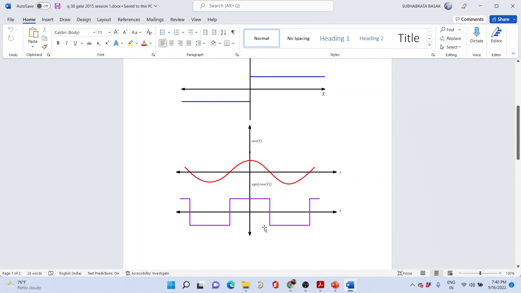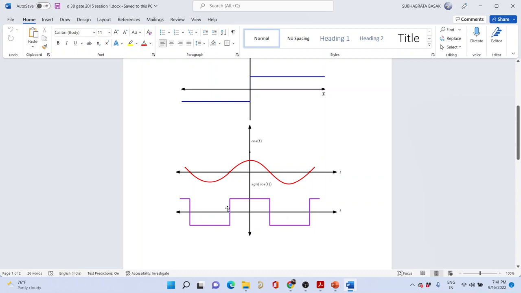So what we see is it is an even function, and it also has half-wave symmetry. What does half-wave symmetry mean? You cut this half of the wave, move it forward by T by 2, and then take a reflection across the t axis. If these two match, then you can say it is half-wave symmetric.